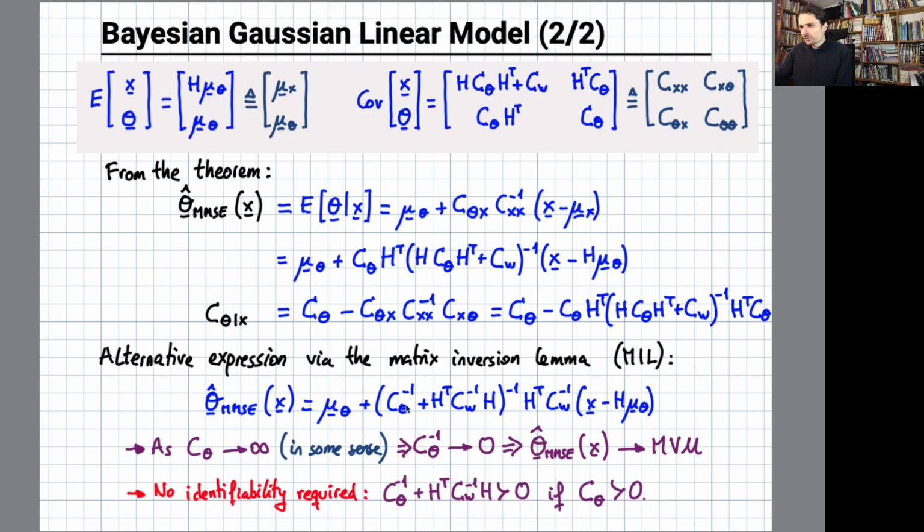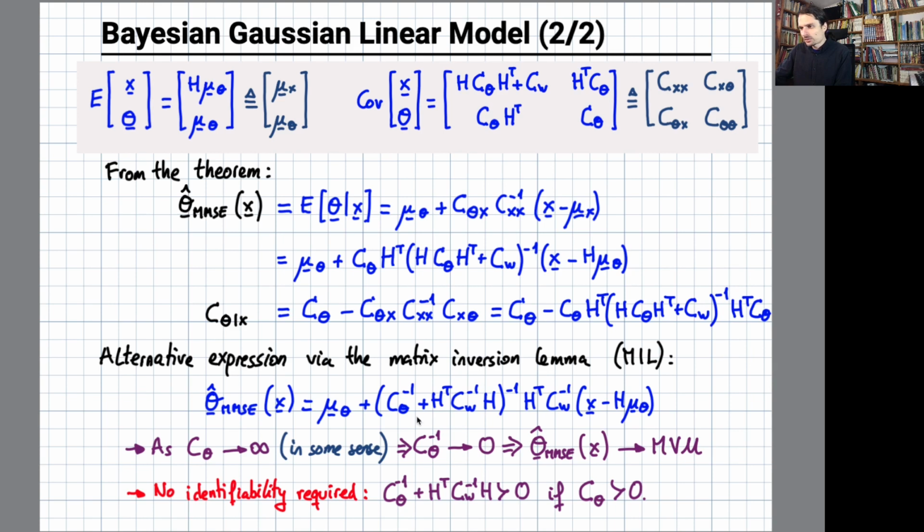And note as well that in the past we required that the parameters were identifiable. That is, it is required that the columns of H were linearly independent, right? And that was required in order for this matrix to be invertible, right?